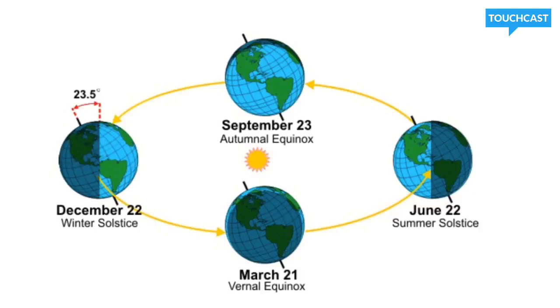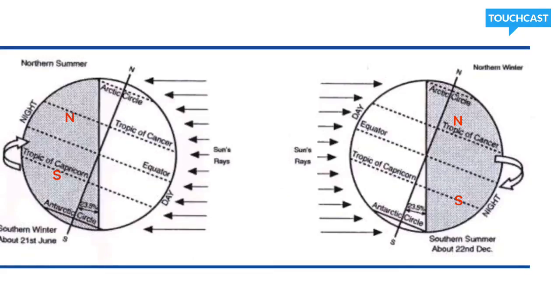Alright, let's go ahead and look at how the tilt of the axis will cause our seasons as the Earth revolves around the sun. Now, the tilt of the Earth's axis is what's going to cause our seasons. Whenever the axis is tilting the Earth towards the sun, or at least the northern hemisphere towards the sun, it's going to have summer.